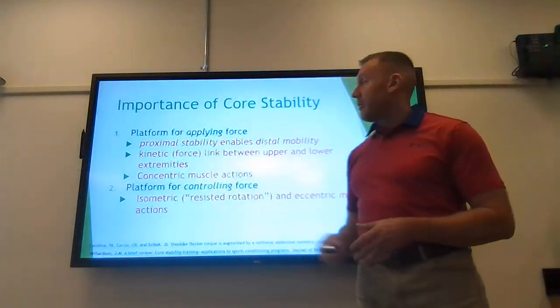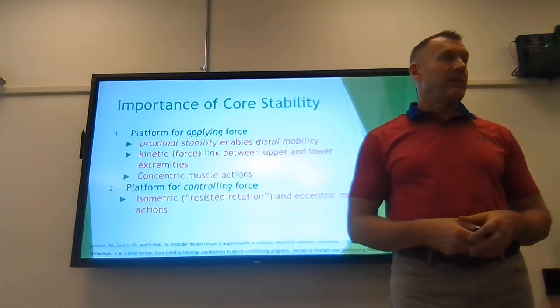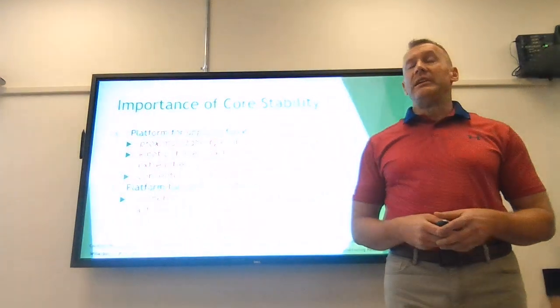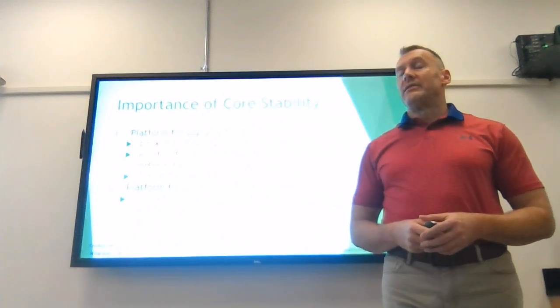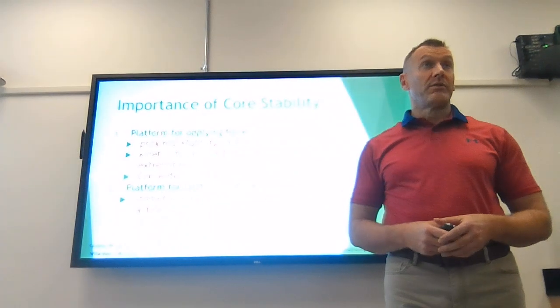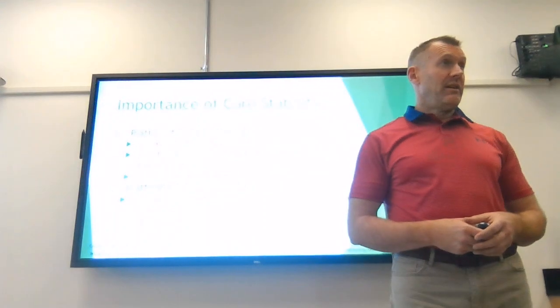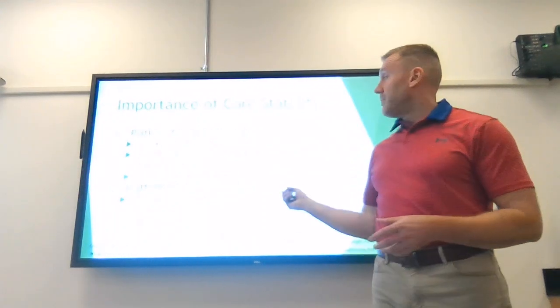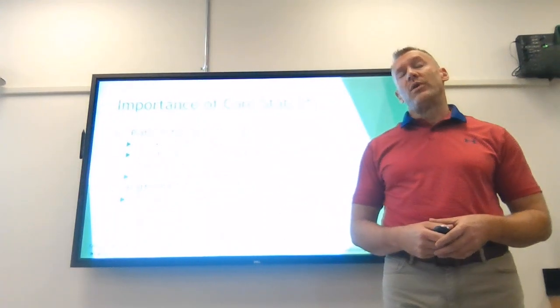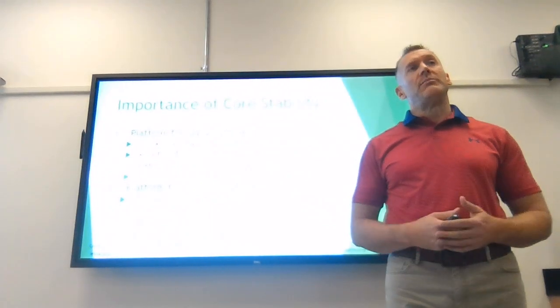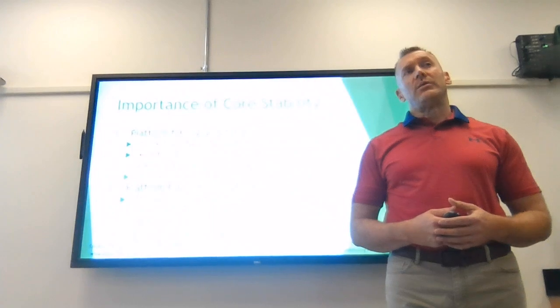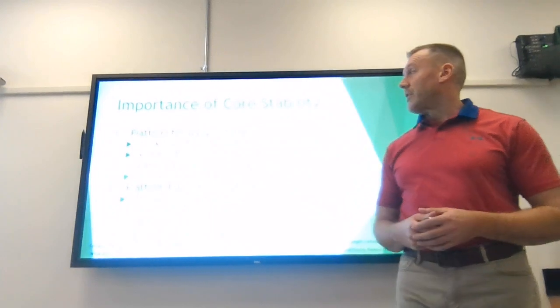Also as a platform for controlling force. We not only produce force against other objects that are external to our bodies, but we also absorb force. That's important from an injury prevention standpoint. Being stable and immovable and balanced, we avoid putting excessive stress on our spine.